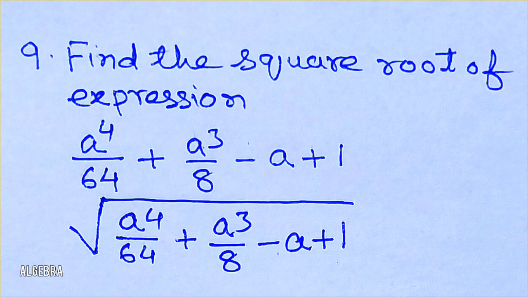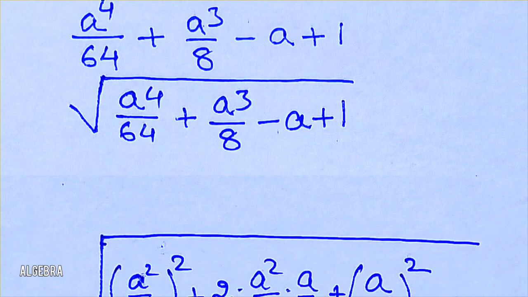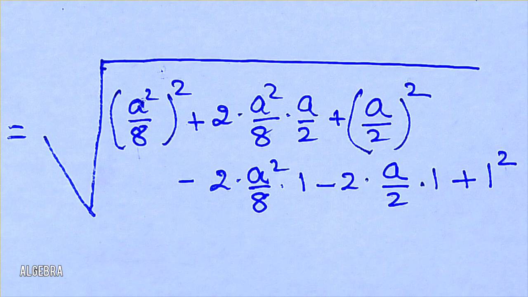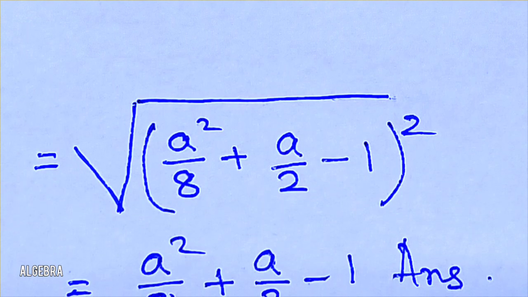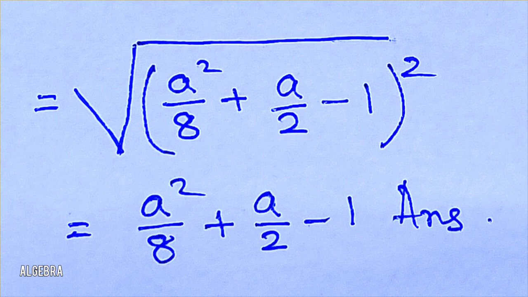Square root of a^4/64 + a^3/8 - a + 1 is equal to the square root of (a^2/8)^2 + 2 into a^2/8 into a/2 + (a/2)^2 - 2 into a^2/8 into 1 - 2 into a/2 into 1 + 1^2, which is equal to the square root of (a^2/8 + a/2 - 1)^2, which is equal to a^2/8 + a/2 - 1.